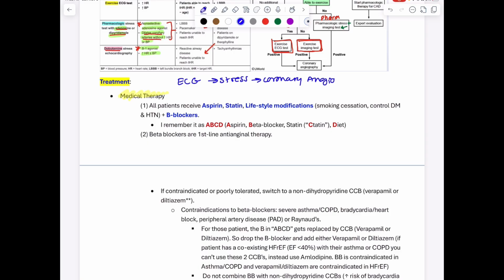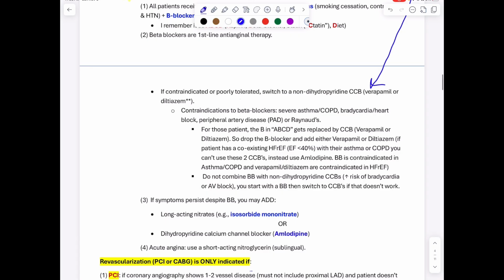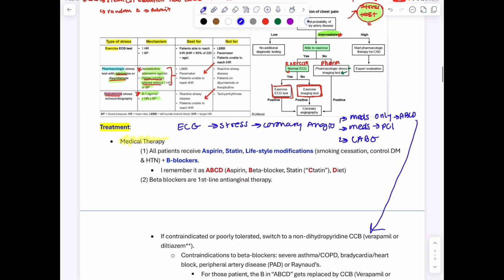And depending on the involvement of the arteries, you either do meds only, then PCI, or CABG. Okay? And then we said the meds is going to be A, B, C, D. And then we also talked about the contraindications, when to add, when to switch. This is going to be listed here. Study it and just understand it.